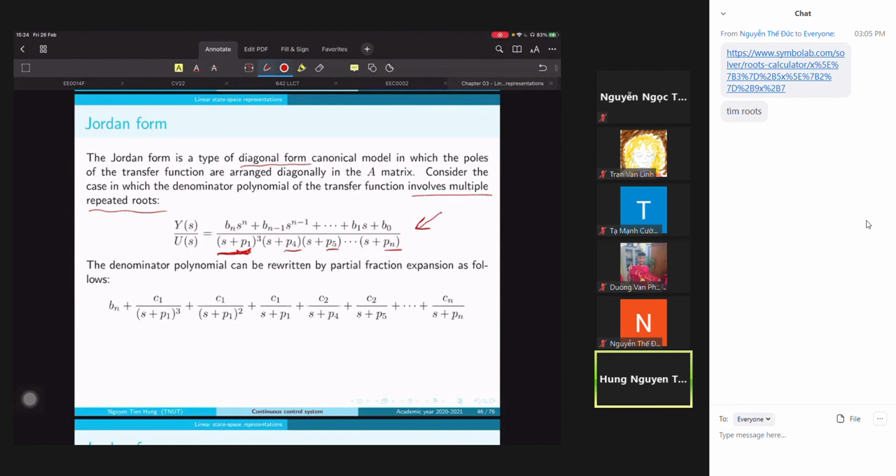Okay, and then we can represent this system like this. If we consider only a proper system, it has no bn.